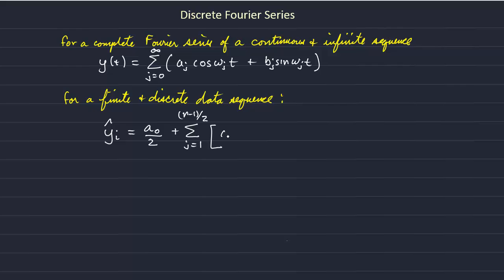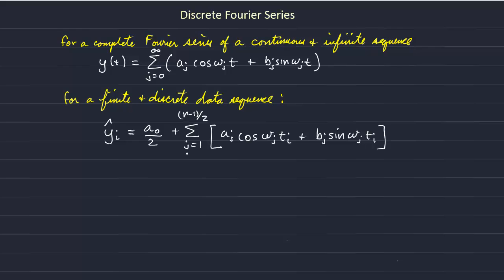And then again, we have our amplitude of our cosine function times the cosine function with frequency omega j for each point of t, plus the amplitude of our sine function with an angular frequency of omega j, again at each point in time of our record.